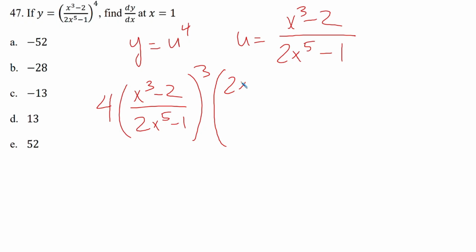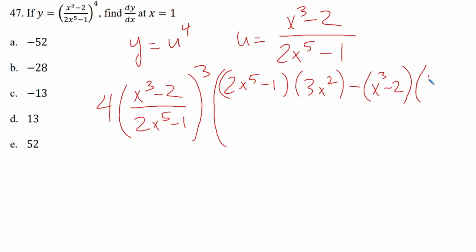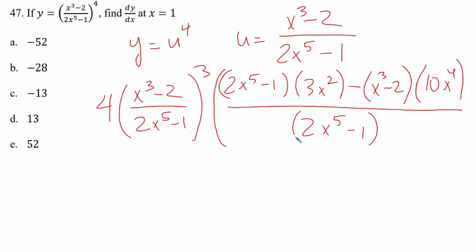So that should be the denominator times the derivative of the numerator minus the numerator times the derivative of the denominator, all divided by the denominator squared.